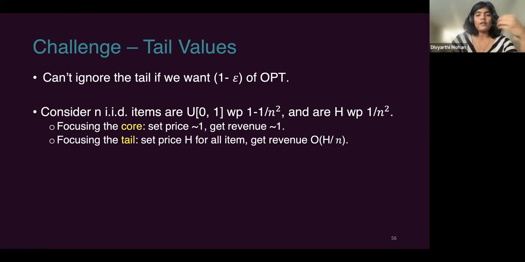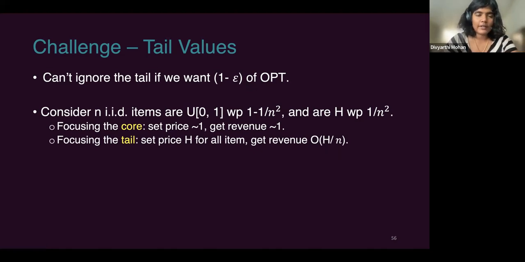But instead, if we focus only on the tail, or only on these high value buyers, then you can price all the items at price h, and with probability 1 over n, at least one of them is going to take value h. So we can get revenue h over n. Now if these two revenues are comparable, that is, h is order n, then we can't just ignore one or the other.